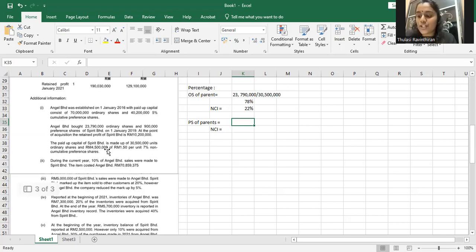So take units of preference shares for the parent, which is 900,000, divided by, in bracket, 4,500,000 divided by 1.50. Close the bracket. Okay, the answer will be 30%, and for NCI it is 70%.